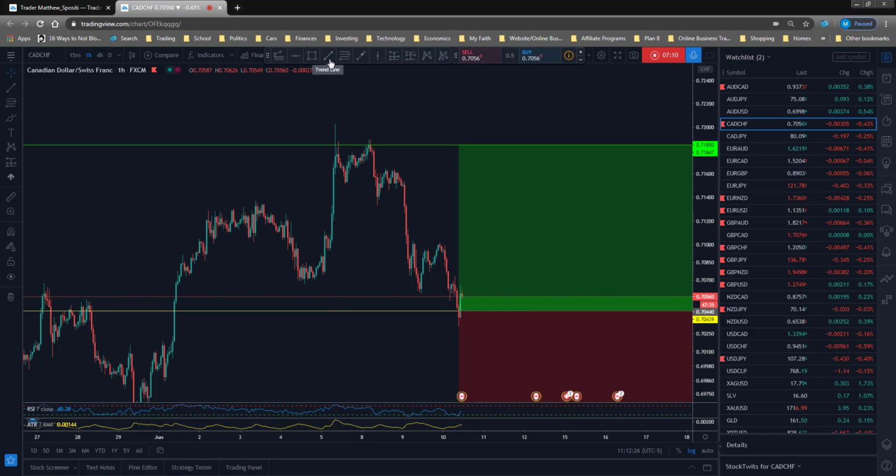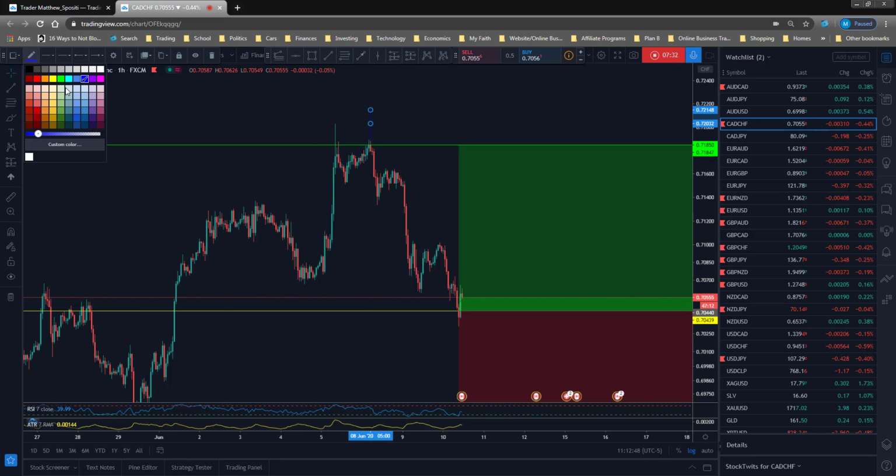So if we were to come all the way up here, and we close right here. Let's do another one that's thinner right here. This will be our wick.